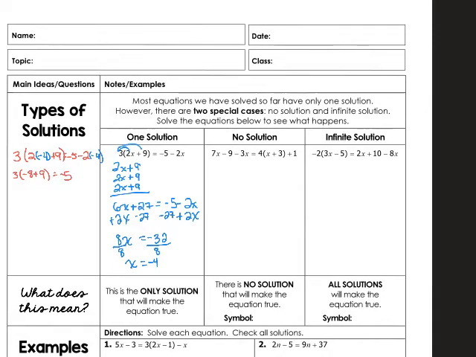And negative 2 times negative 4 is positive 8. All right, keep going. Do what's in the parentheses. Negative 8 plus 9 is positive 1. And 3 times 1 is 3. And negative 5 plus 8 is also 3, so 3 is equal to 3. So we know for sure that x is negative 4. That is the one solution that makes that equation true.